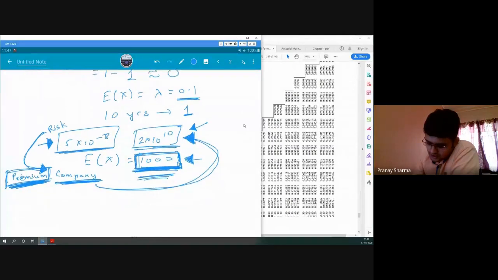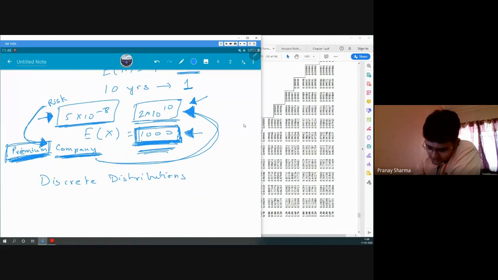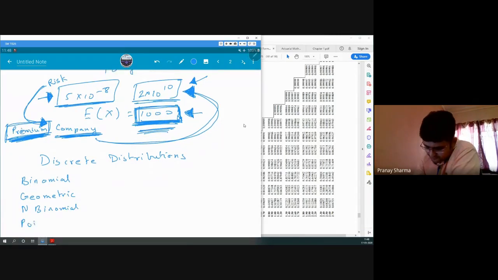So these were all our discrete distributions. Here, the most important distributions are binomial, geometric, negative binomial, and Poisson.